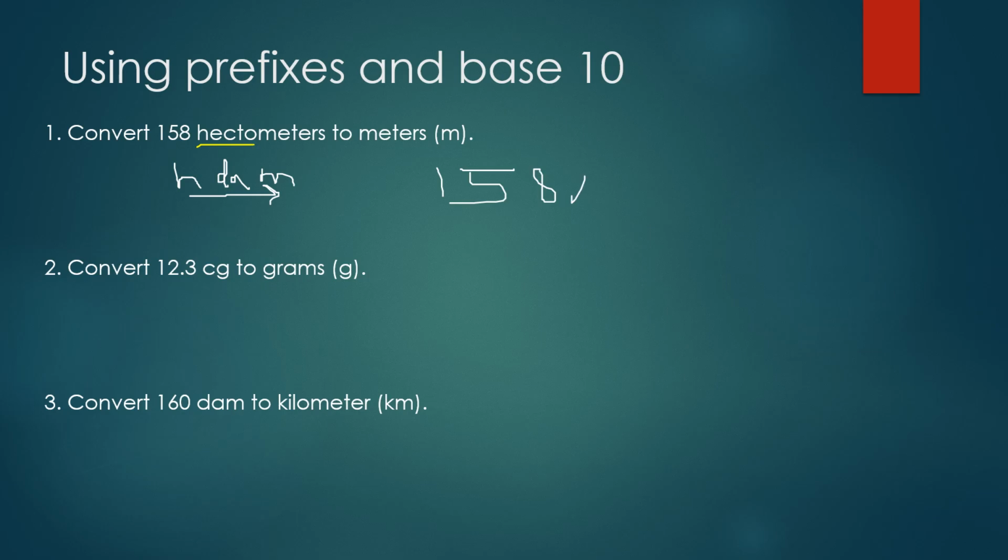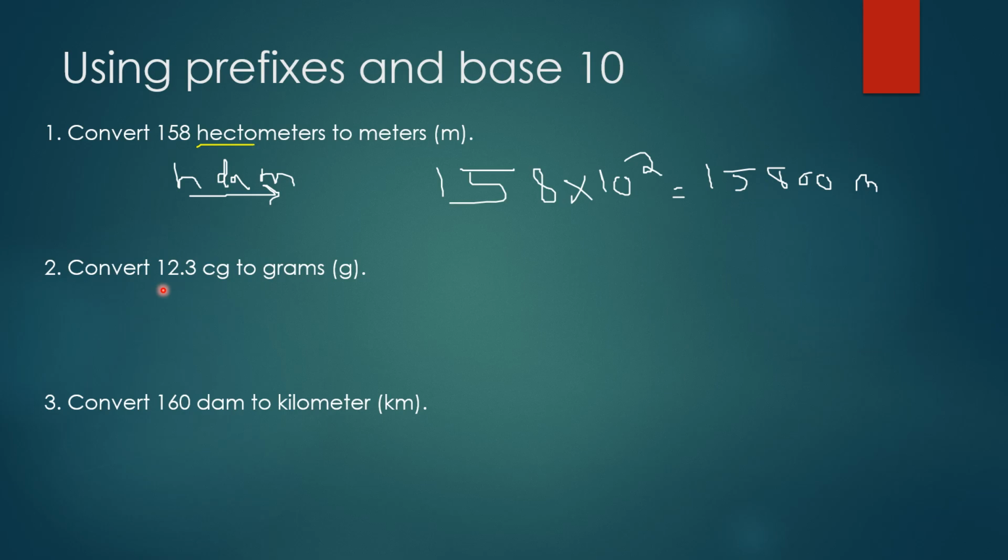We're going to multiply that by 10 squared, which will give us 158.00 meters. Notice how we went to the right on the chart and we went 2 to the right here.